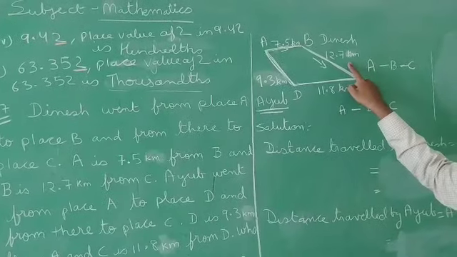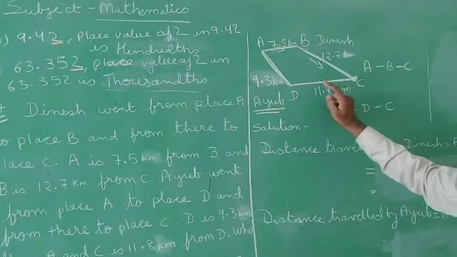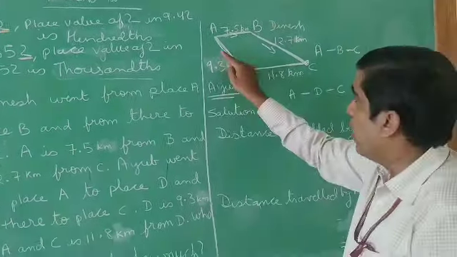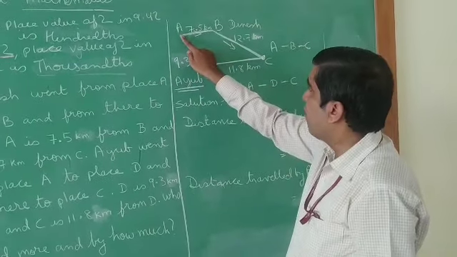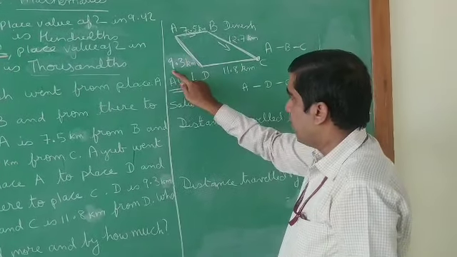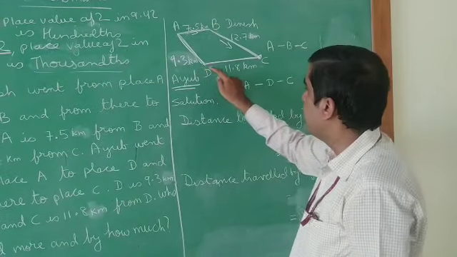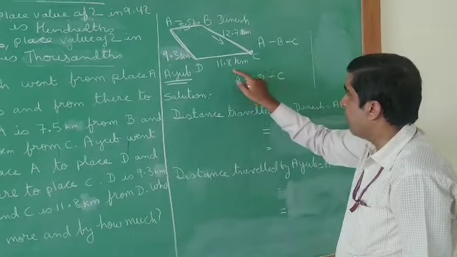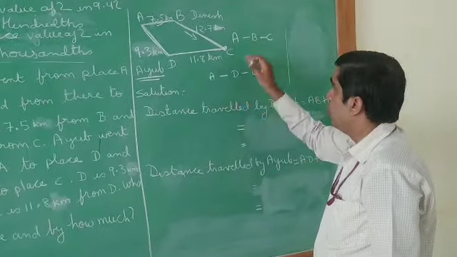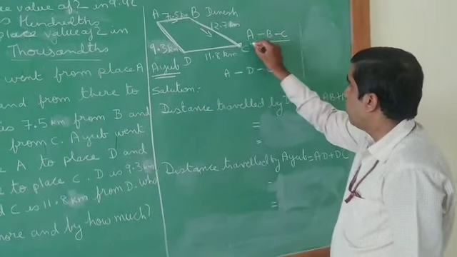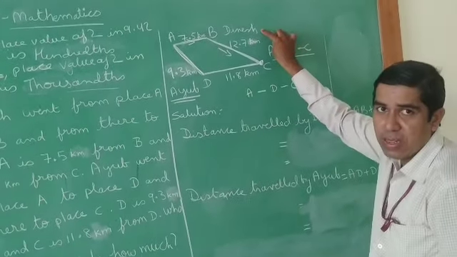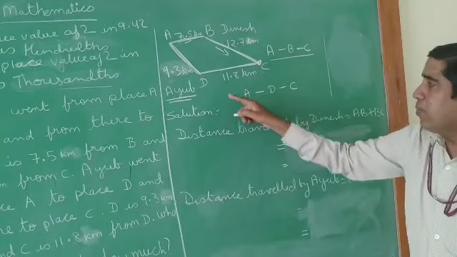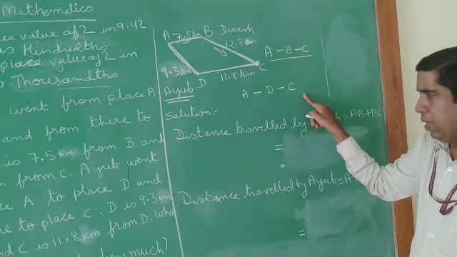There is another boy named Ayub. He travels from A to D, the distance is 9.3 km, and from D to C it is 11.8 km. So the path A to B, B to C is taken by Dinesh, and Ayub traveled from A to D, and D to C.